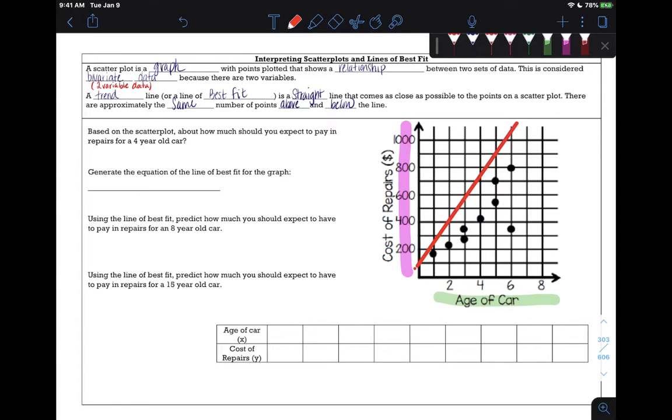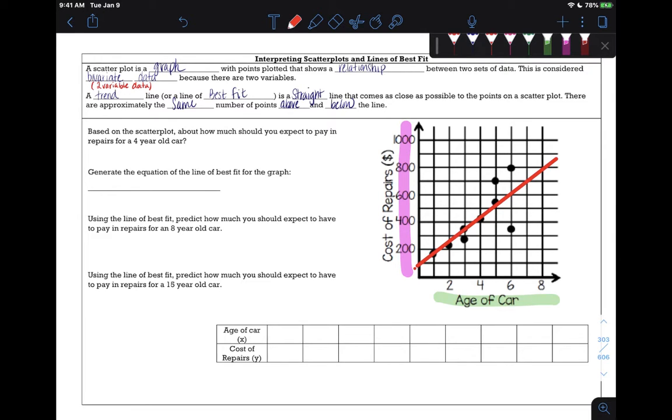So notice if I shift it around, it looks like at some points it goes better. Approximately most of the dots are being touched, right? So that would be my approximate line of best fit.